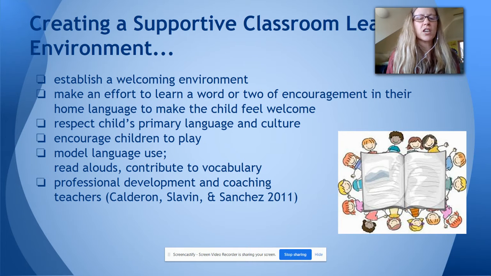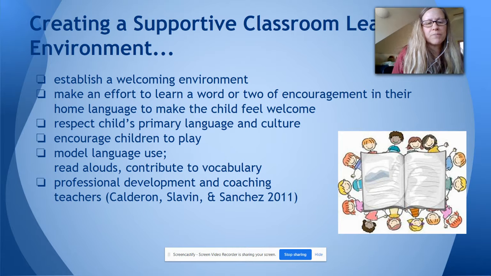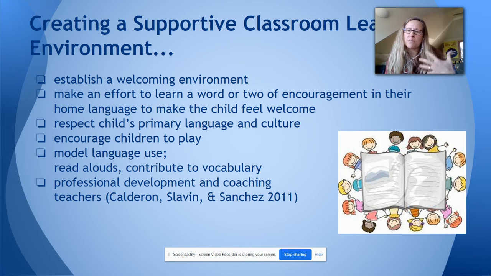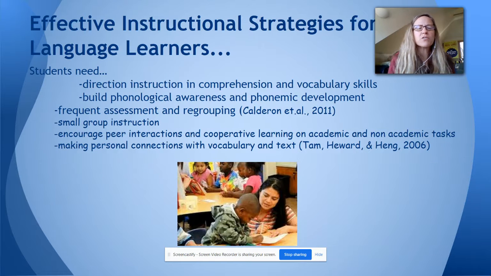You need to respect a child's primary language and culture. You need to encourage students to play with language as well. You have to model things through read-alouds to help them develop vocabulary. Students need direct instruction in comprehension and vocabulary skills.